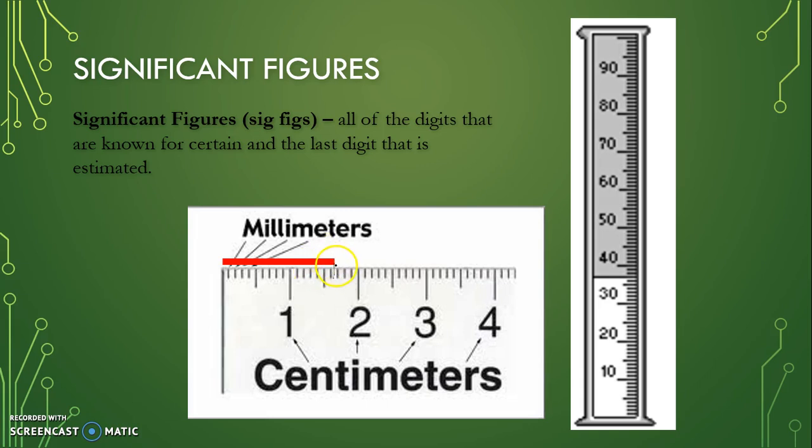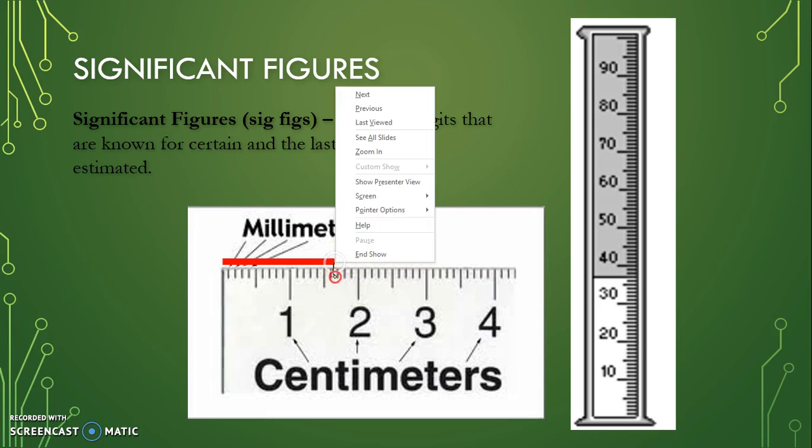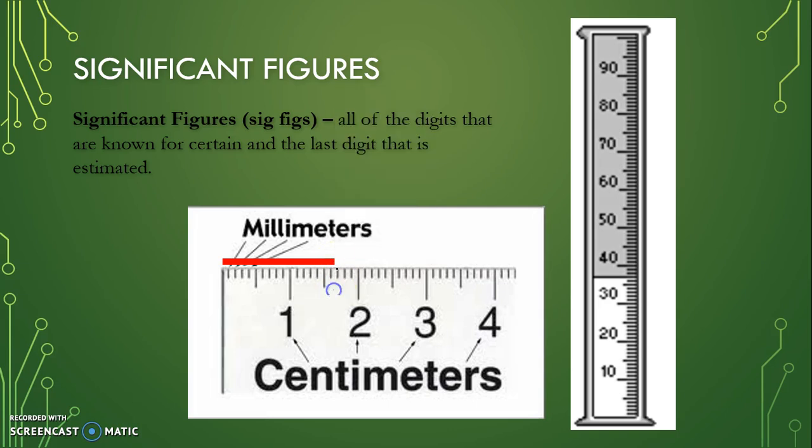Like, for certain, I know that it falls between that. Right there. It's between the 6th and the 7th. So we know for sure that it is 1 centimeter. We know for sure that those stand for tenths. So it is somewhere between 6 and 7 tenths.